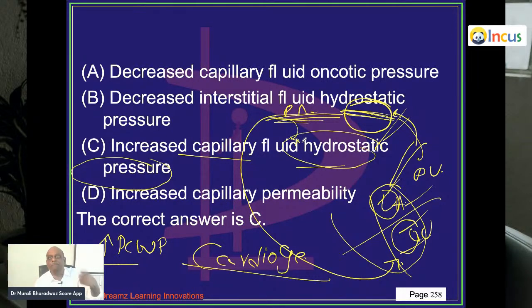That is causing pulmonary edema. So non-cardiogenic pulmonary edema is called ARDS. Cardiogenic pulmonary edema, you get it whenever the heart fails. Understand? High PCWP is a feature of heart failure, and normal PCWP in a case of pulmonary edema is because of ARDS.